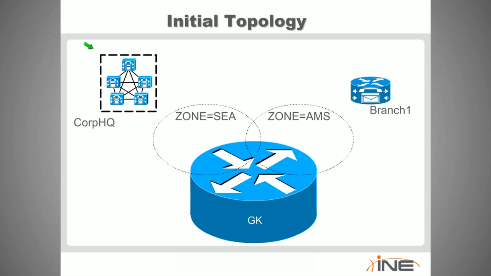It doesn't have to be in any way, but that's where this one happens to be. And we're also going to register our branch 1, I'm sorry, that should actually say branch 2, typo in my slide, our branch 2 CME gateway as a second gateway, but to the same gatekeeper, the one that happens to be at corporate headquarters.